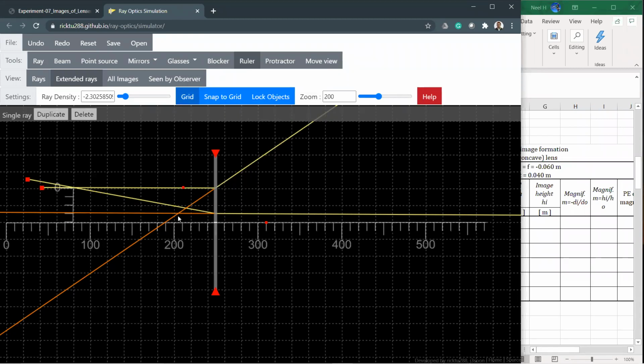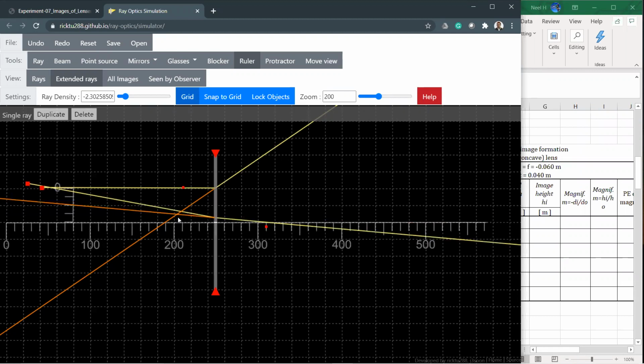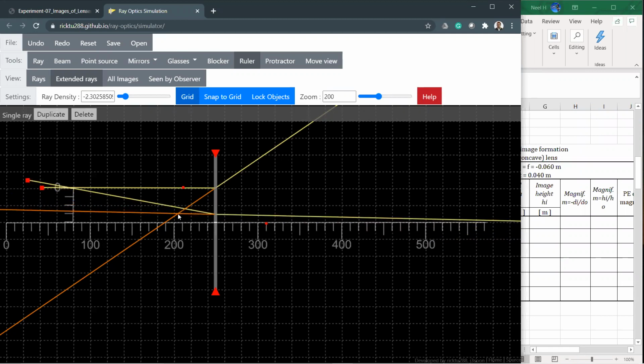Now let's draw the image right here. It should be very small now. Draw maybe here and then click and drag that into there.